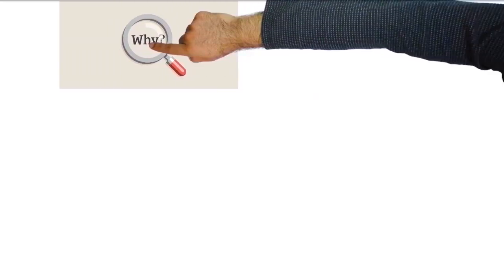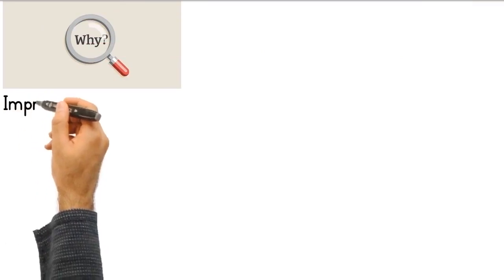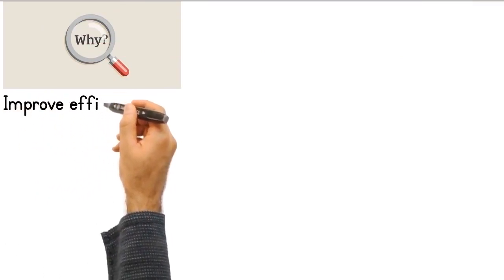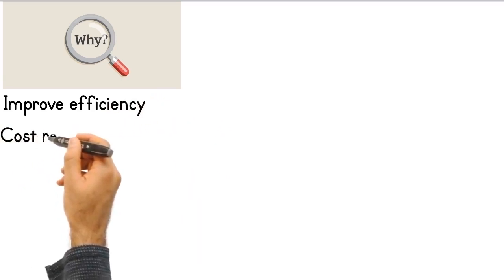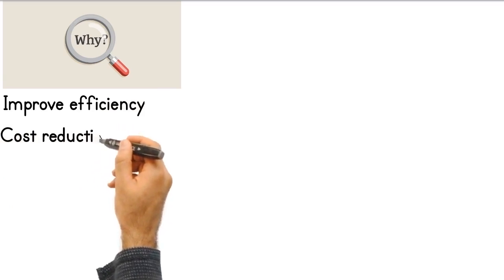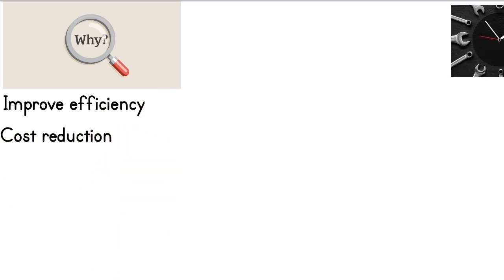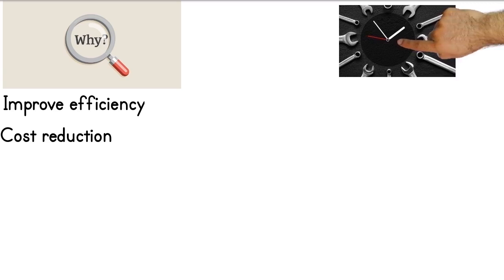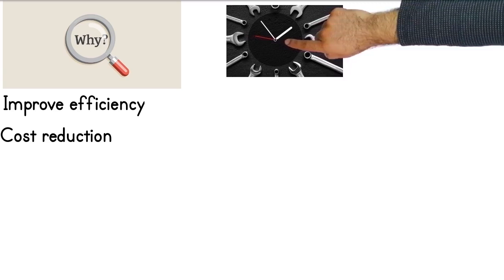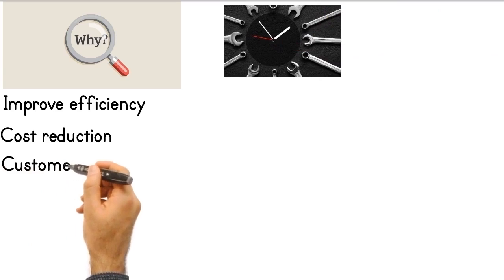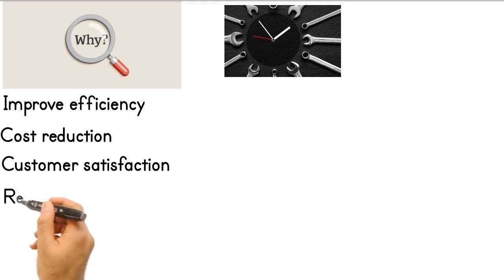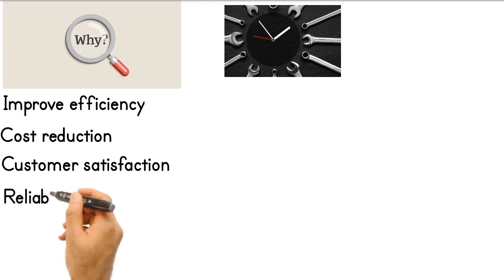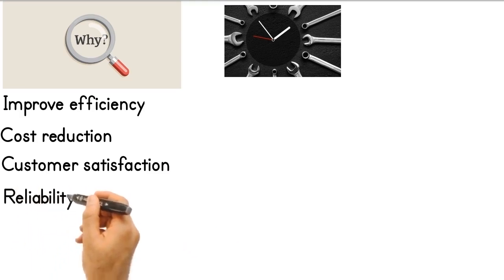Why is MTTR important? Improved efficiency. By measuring and optimizing MTTR, organizations can identify bottlenecks in their repair processes and improve overall efficiency. Cost reduction. Faster repairs mean less downtime, which reduces the costs associated with lost production or service. Customer satisfaction. In industries such as manufacturing, transportation, and IT, MTTR directly impacts the ability to meet customer expectations.